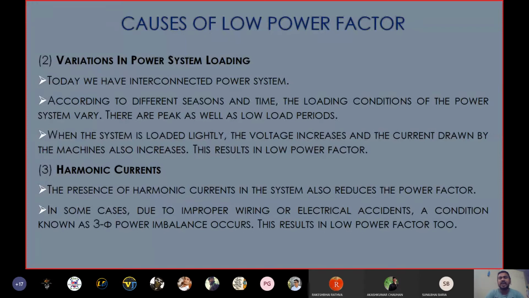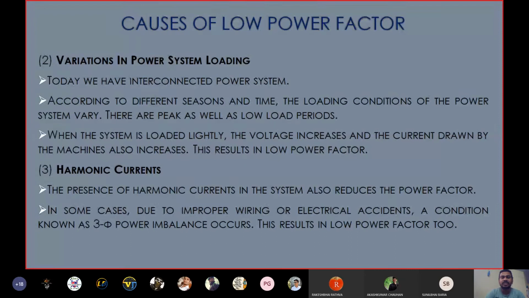Next is harmonic currents. The presence of harmonic currents in the system also reduces the power factor. Due to harmonics the power factor reduces. In some cases, due to improper wiring or electrical accidents, a condition known as three-phase power imbalance occurs.